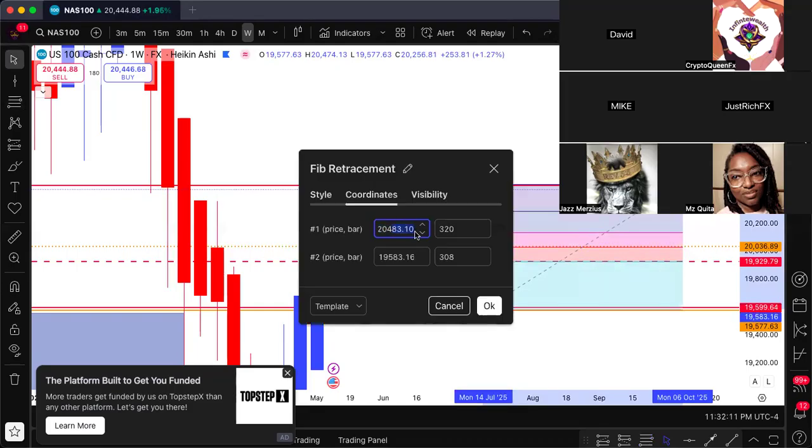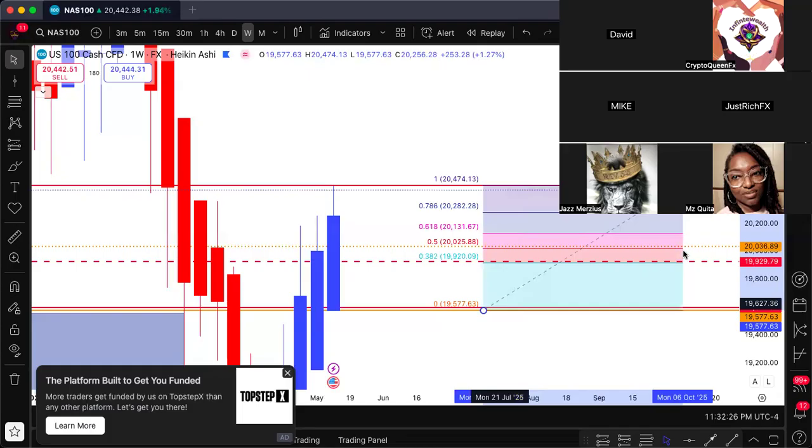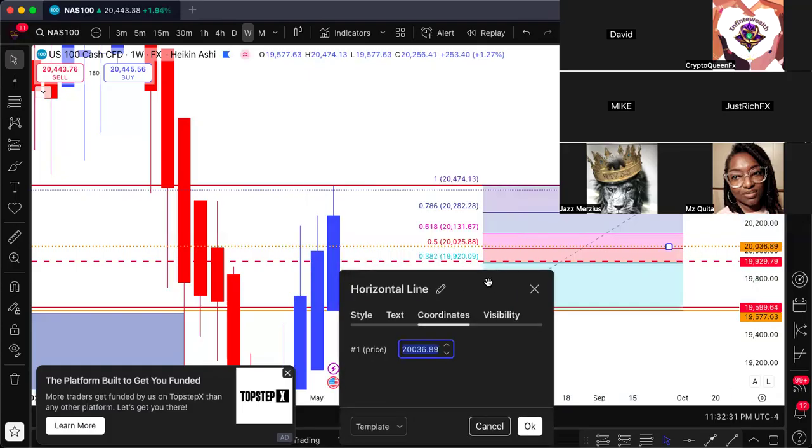We got 474.13 for the high, and for the low it is 19,577.63. And the mid area is 20,25.88.